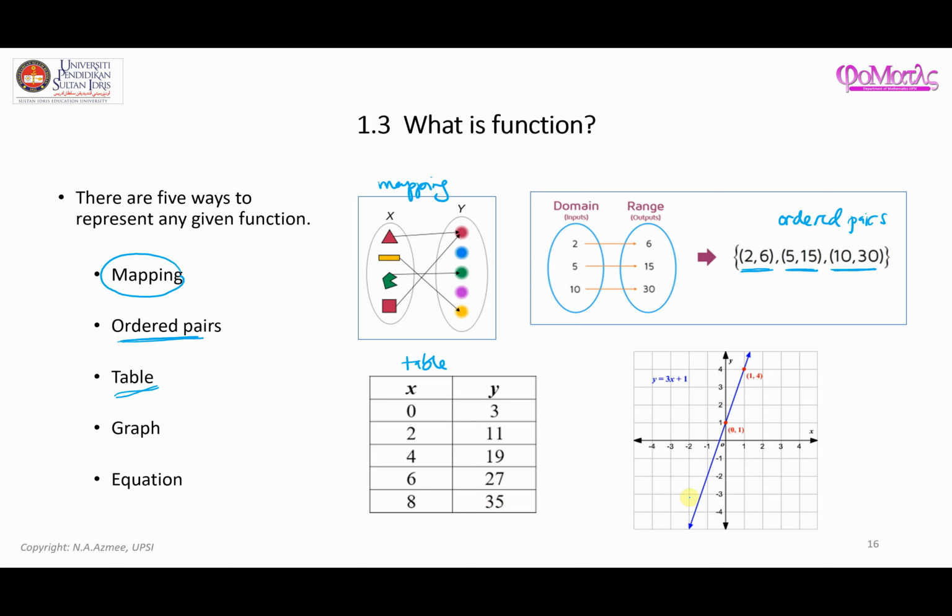This is a straight line, and if you want to change its representation to equation, you can. So you can also represent a function in terms of equation. This is the equation of a function, which is a linear function: y = 3x + 1. So altogether there are 5 ways to represent any given function: mapping, ordered pairs, table, graph, and equation.